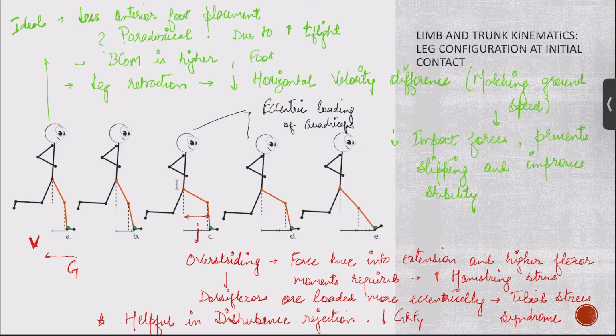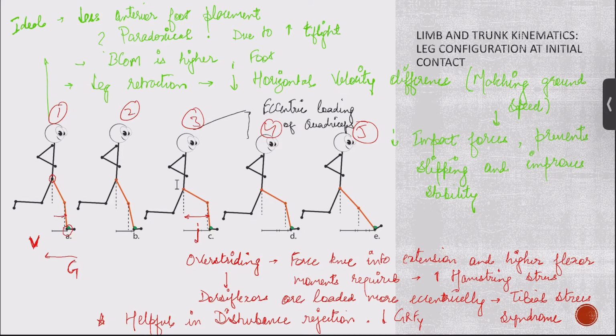So now we will see what should be the ideal leg configuration at the initial contact. As you can see, we can number this cartoon as 1, 2, 3, 4 and 5. The first cartoon is the ideal one because here the body center of mass is closest to the contact point.